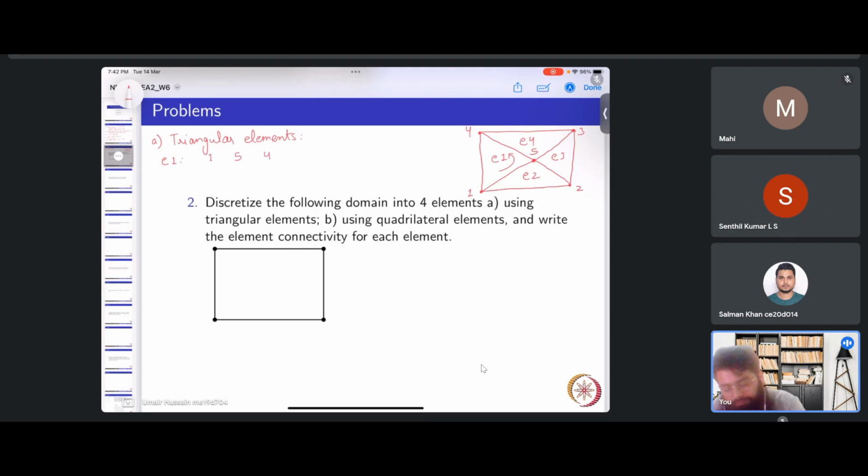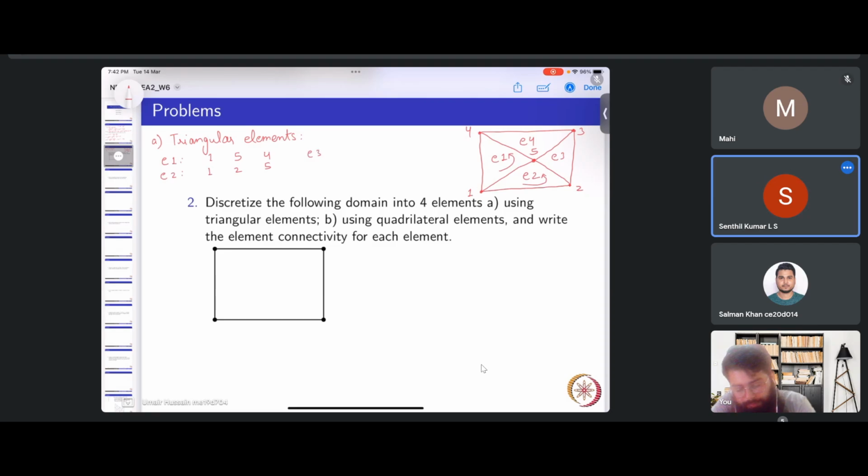It's kind of a matrix that we are forming right now. Likewise for element 2, what will we have? We again have some sequence, 1, 2, 5. It can be any, it's not a fixed thing, but we try to form this matrix in order, which you'll understand when we study the global to local to global transform, the assembly of the element level equations.